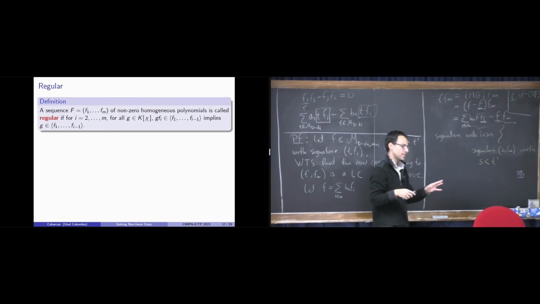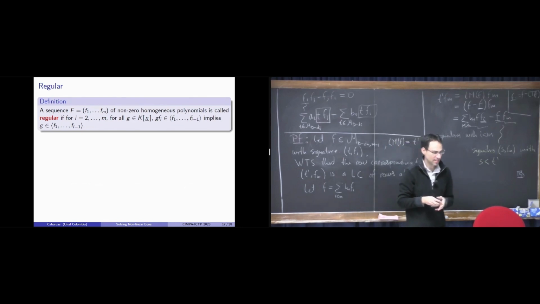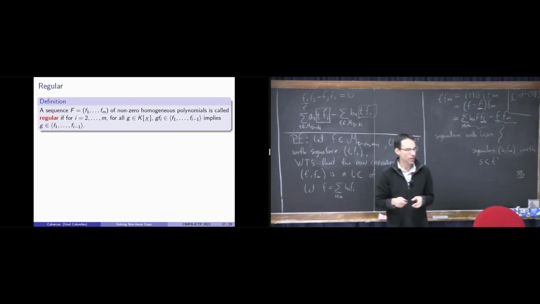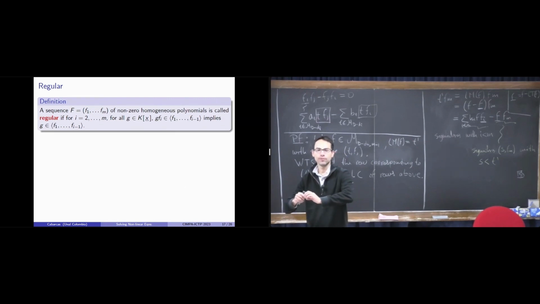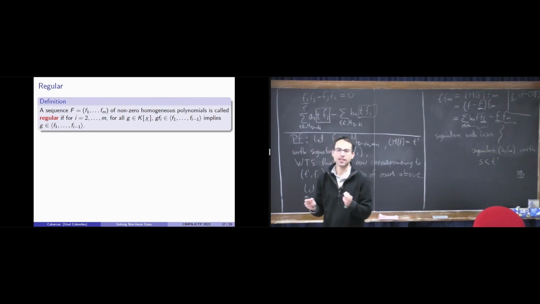And here is such a case. I'm going to define what a regular sequence is. And for regular sequences, we know very precisely how it behaves, so we can predict the index of regularity.